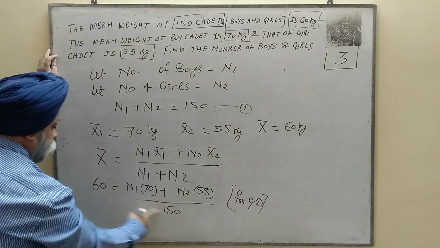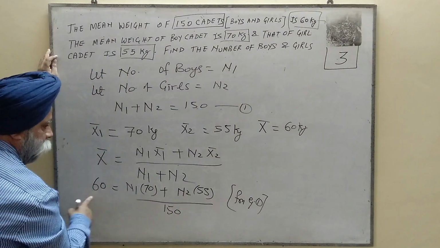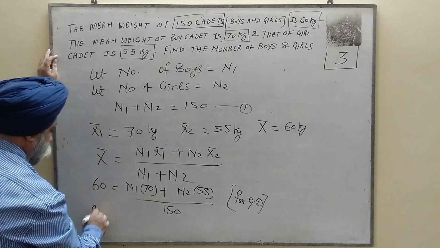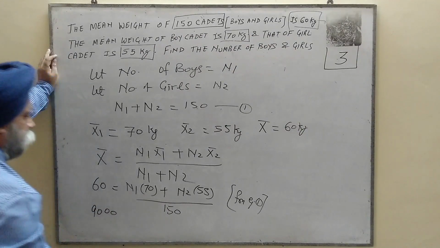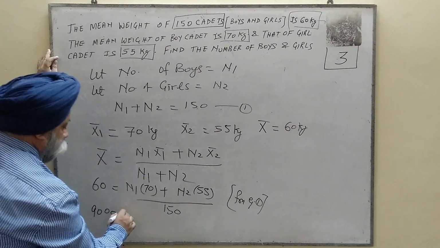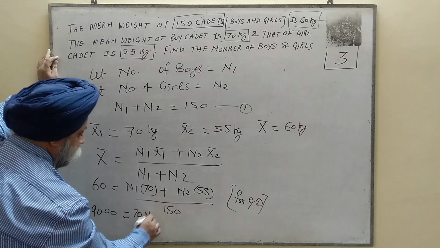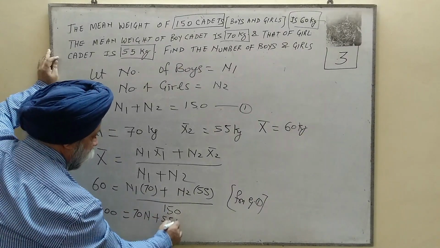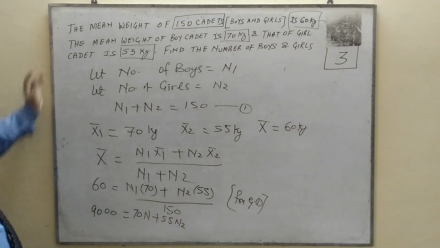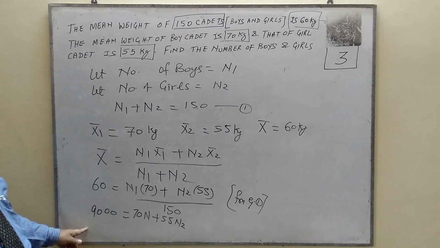Now solving this, 60 into 150 equal to 70 N1 plus 55 N2. Now the entire equation is divided by 5.